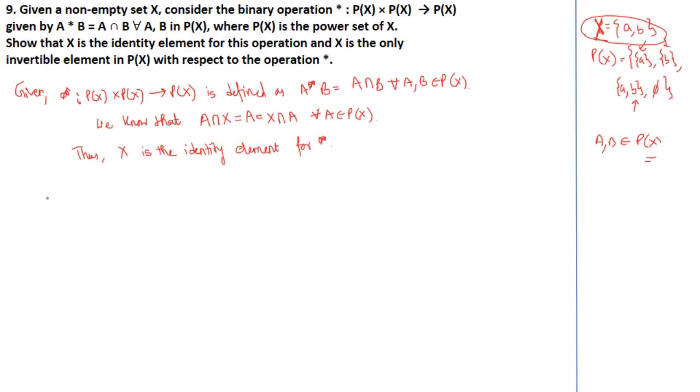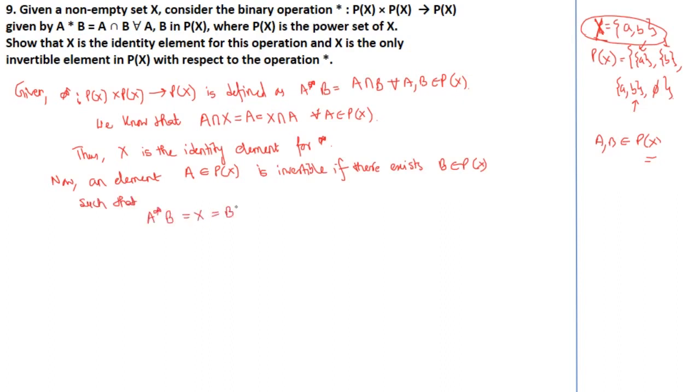Okay, now to show whether it is invertible or not, an element A that belongs to P(X) is invertible if there exists B belonging to P(X) such that A star B is equal to X, that is equal to B star A. A star B must be equal to the identity element for it to be invertible.